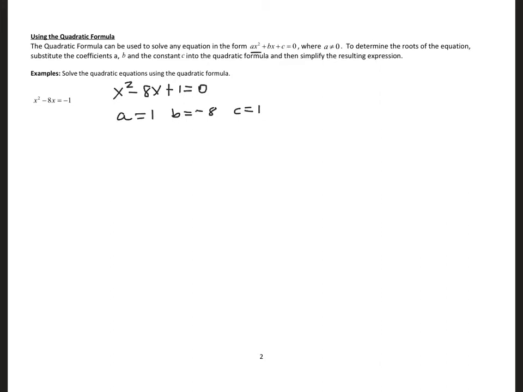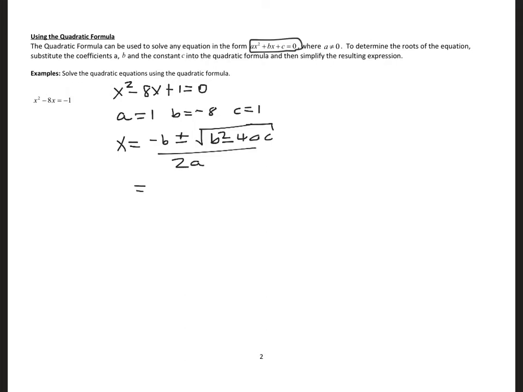And remember, this is the standard form right here. So I just need to write the quadratic formula: minus b plus or minus the square root of b squared minus 4ac, and everything is over 2a. I just need to plug in my numbers.